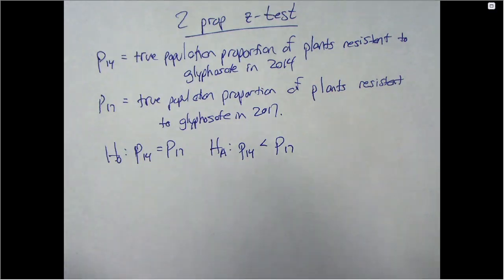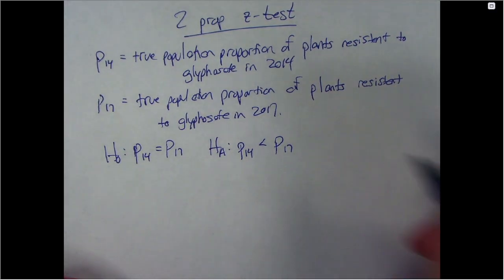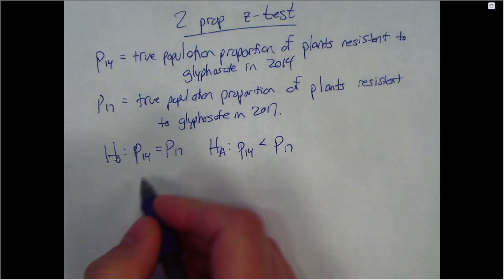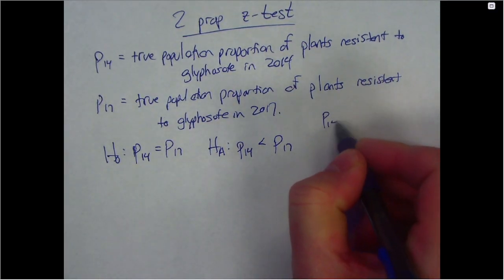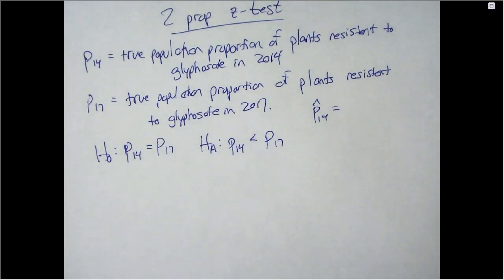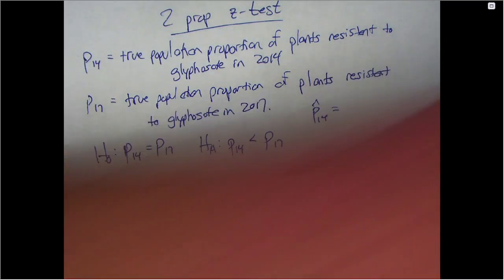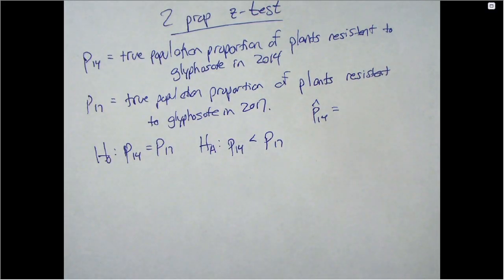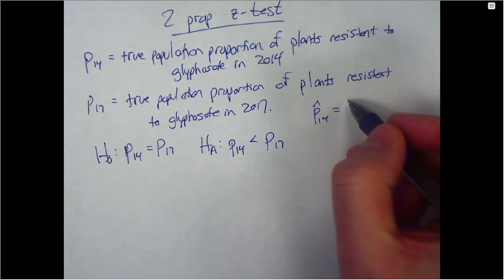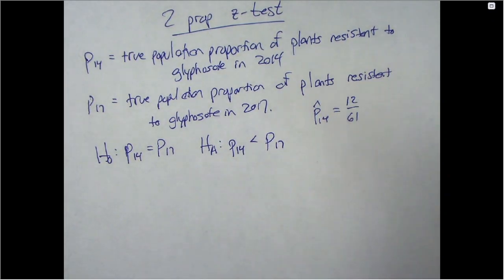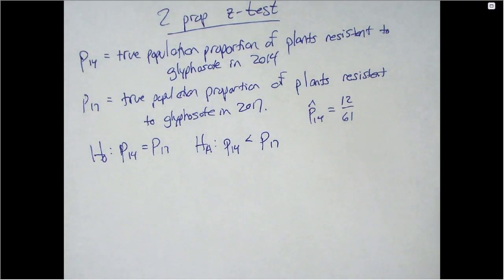I'm also going to put down my sample proportions here. P14 hat is 19.7% of 61. So what is that? Again, a classic AP thing. Instead of just telling you it's 12 out of 61, they say it's 19.7% of 61.